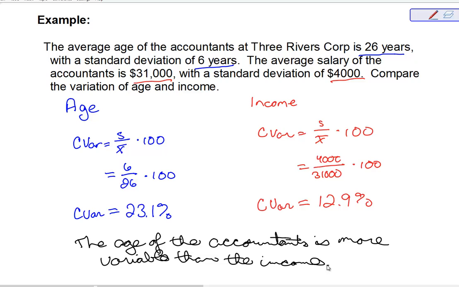May not seem like it because you're talking about thousands of dollars and you're just talking about a few years, but looking at the change in it, you actually have a larger variation based on when you divide that standard deviation out overall and everything. Okay? Practice some of these and you'll see.